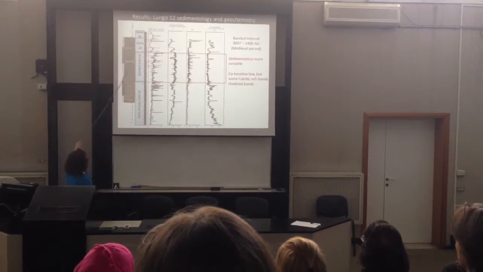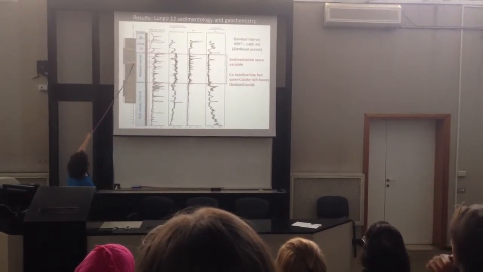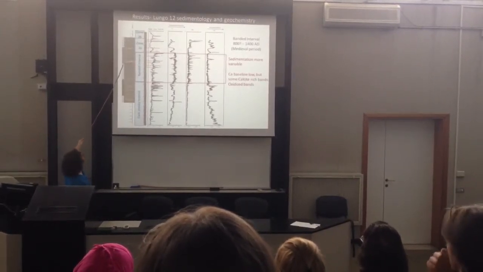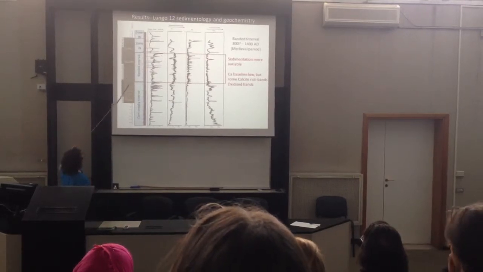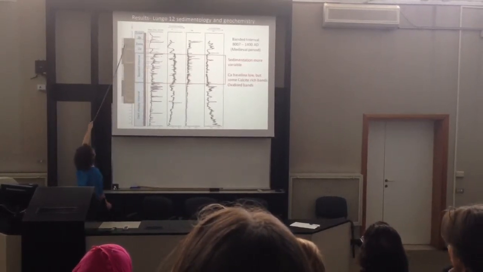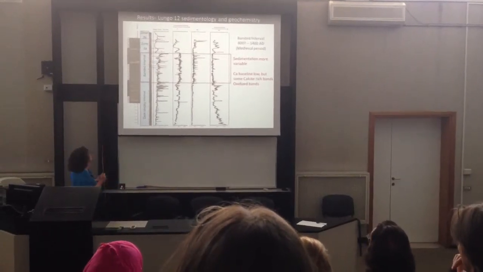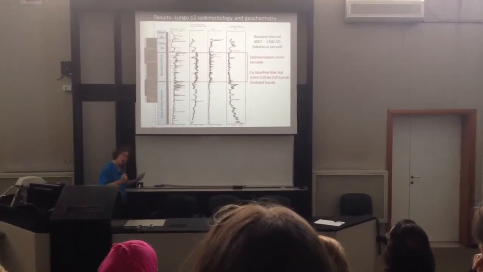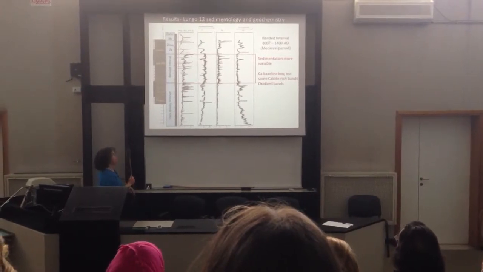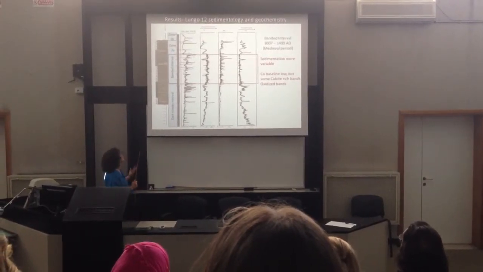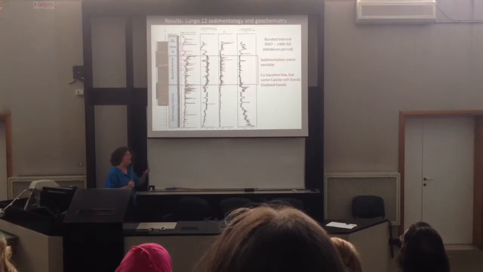We call this banded. You can see the white layers that are calcium carbonate. There's a whole variety, and this is the most variable part of the core. From a climate standpoint, the interpretation is that this is a drier period. This is the time where perhaps there was active deforestation, open grasslands.